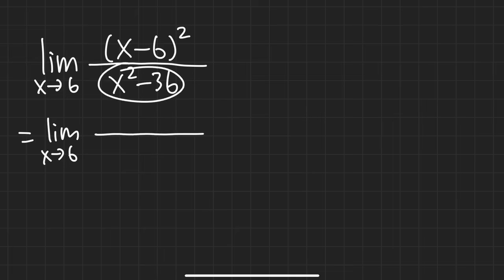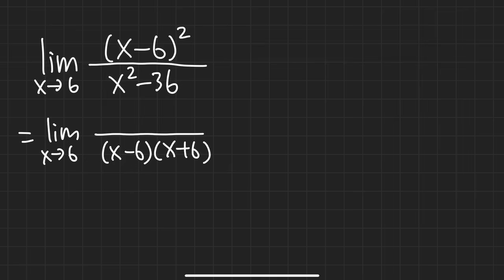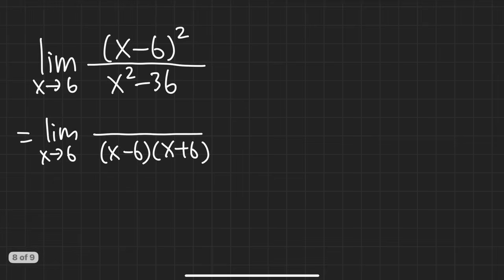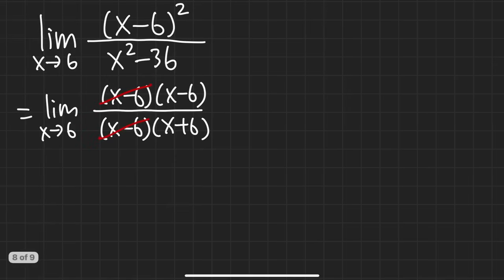This is x squared minus 36. We can factor it as x minus 6 times x plus 6. On the top, we have x minus 6 squared. Let me write it down twice. And then as you can see, we can cancel with one of the x minus 6. Then we are going to be plugging 6 into all the x's.